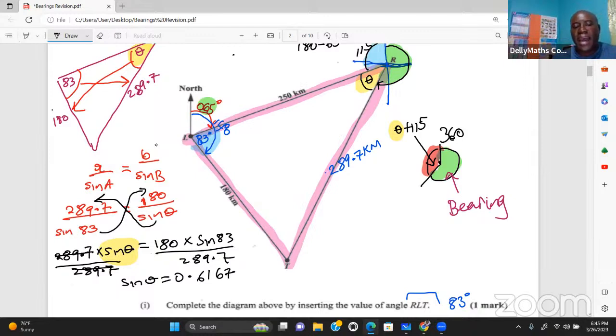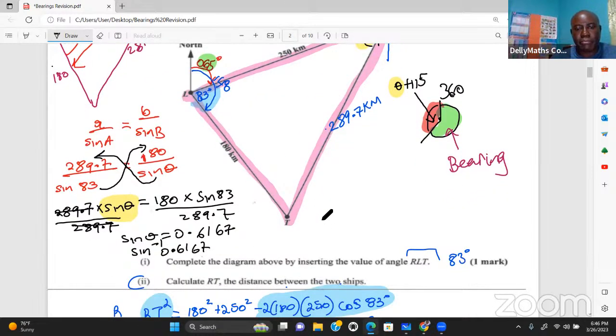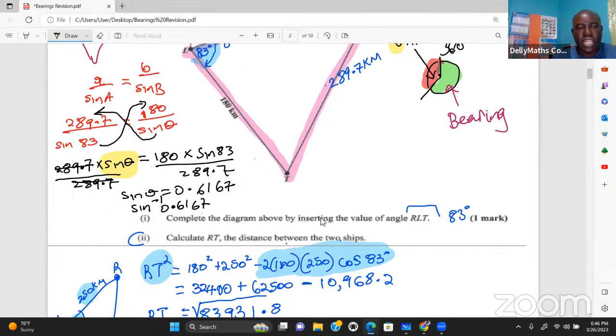So in order to find the angle, I'm going to have to use the inverse of sine. So on our calculator, activate the inverse, the shift, and put 0.6167. And it's going to give us the angle.